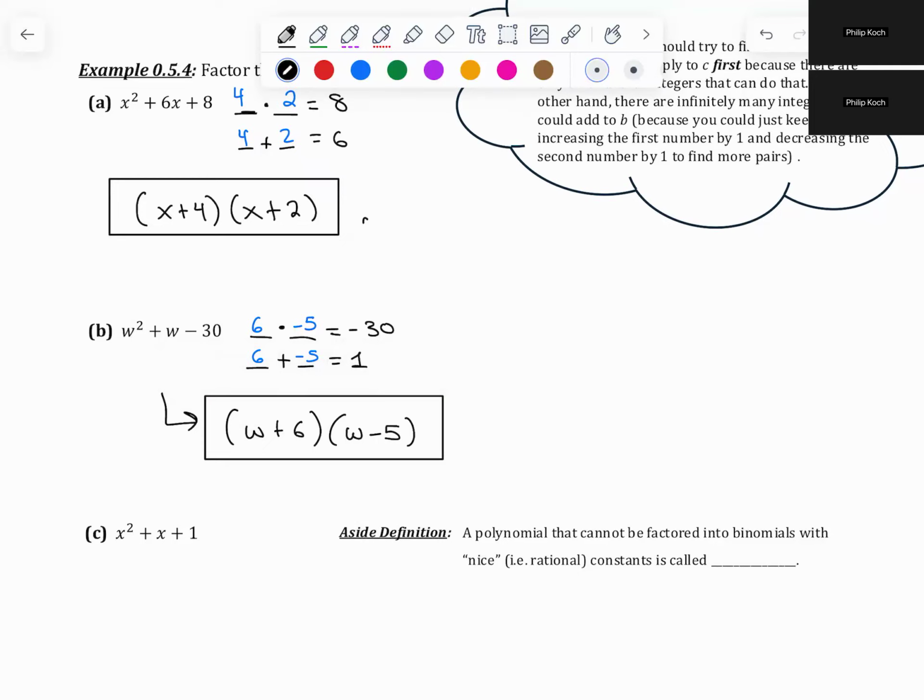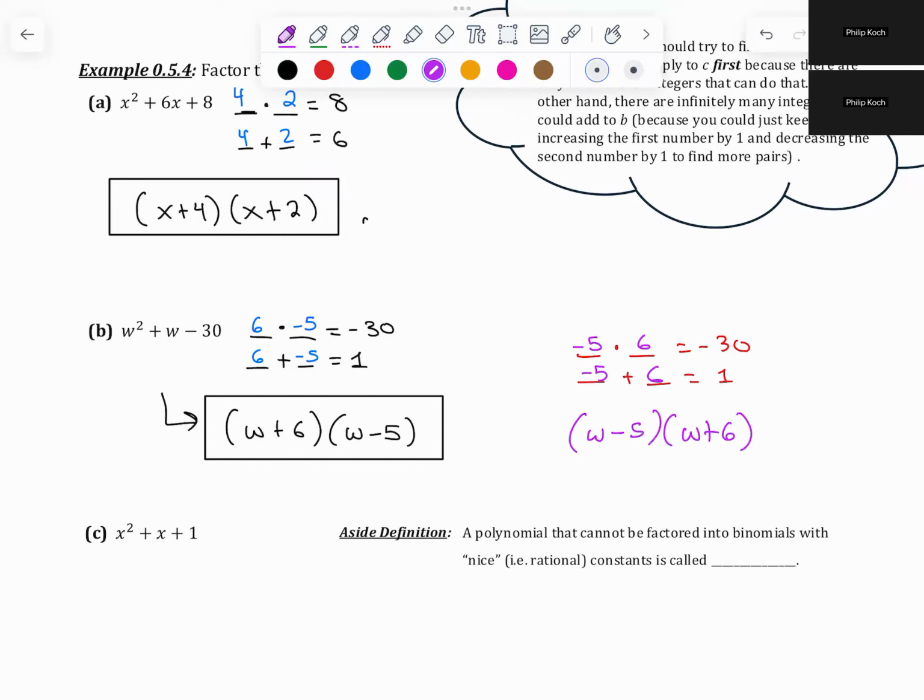Now you don't need to write this down, this next thing that I'm going to write, so just finish what you're writing, and I'll be filling this in for a second. What happens if the way your mind thinks of it, you write the -5 first, and so therefore you get w minus 5 times w plus 6?